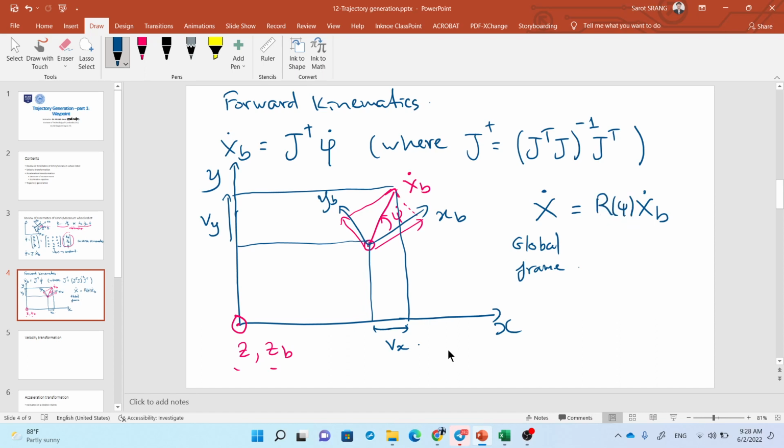Okay, I can transform this coordinate. And if I want to transform from global frame to body frame, so I can have Hb dot equal to, can you give me the answer, Subun? Inverse of R. Can I simplify a little bit more? Yeah, so I can just use transpose.